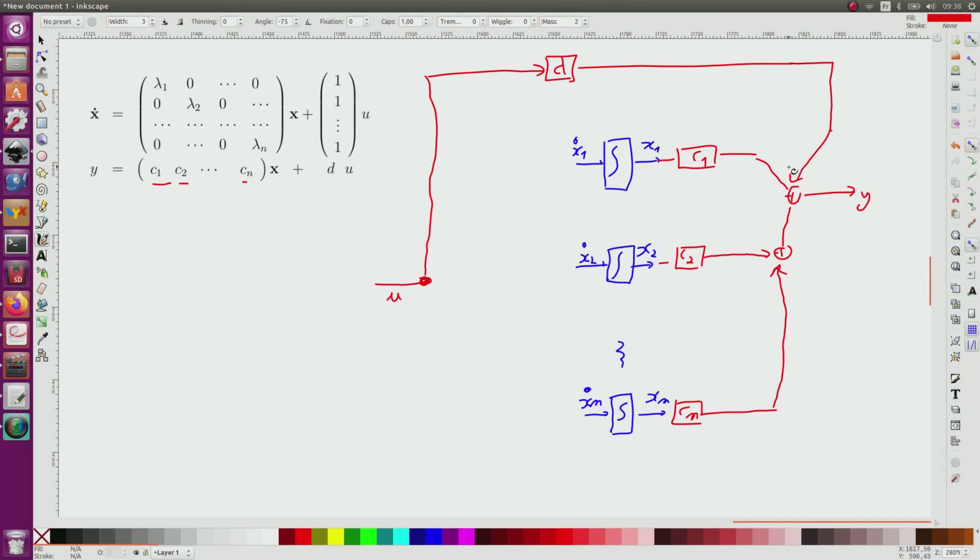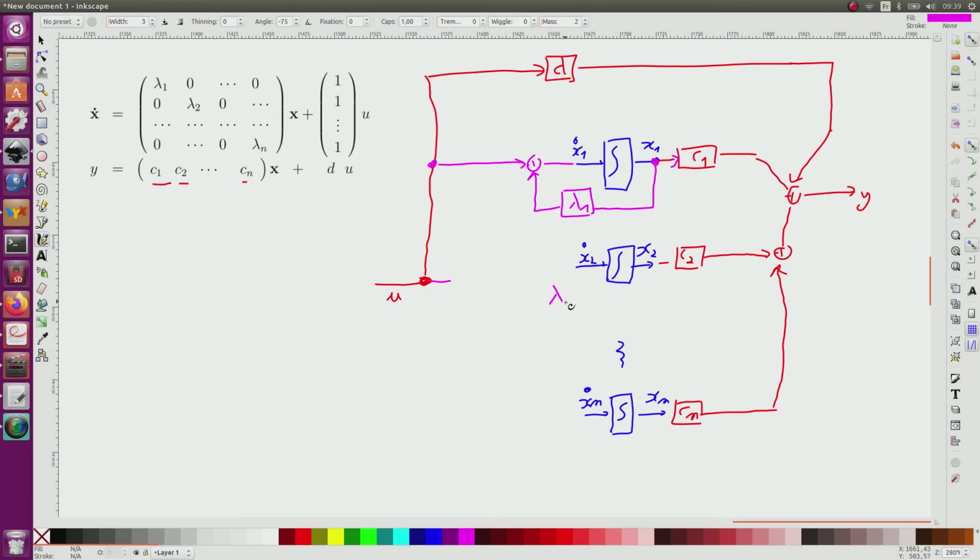Now, about x dot 1. x dot 1 will be the sum, so I will have a feedback from its own state, lambda 1, like this. It will go to an adder, like this. And here I have a 1, so in this case I will have something like this. And it will be the same for all integrators.